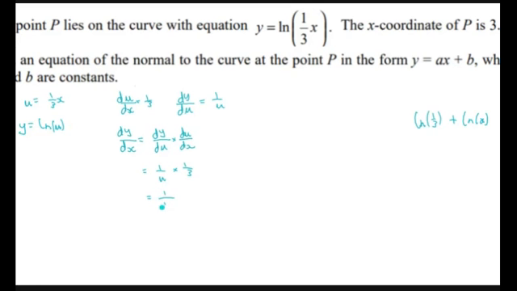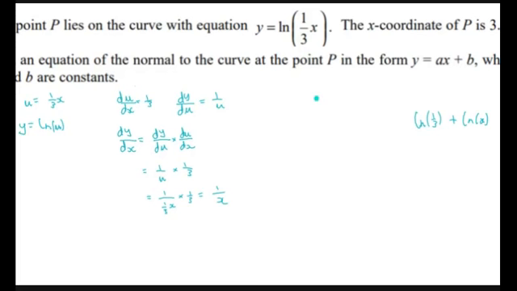So 1 over a third x multiplied by a third. The thirds cancel, so you get 1 over x. So that's the differential bit.